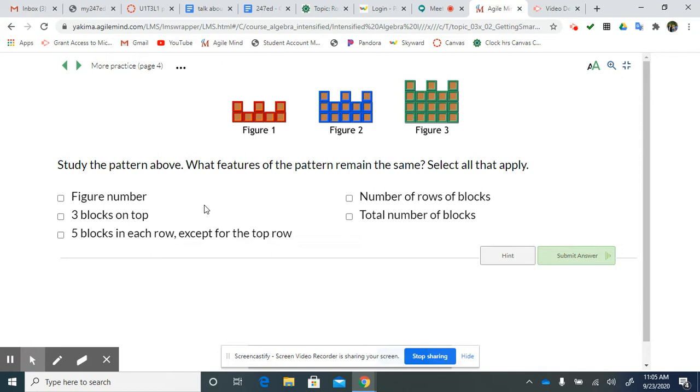How about 5 blocks in each row, except for the top row? Does that always stay the same? Okay. So let's write that down on the paper. 5 blocks in each row. On your paper, you should be writing down 3 blocks on top, because that stays the same. And you should also be writing down 5 blocks in each row, except for the top row, because that stays the same.